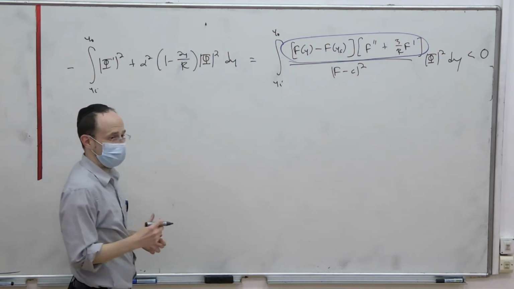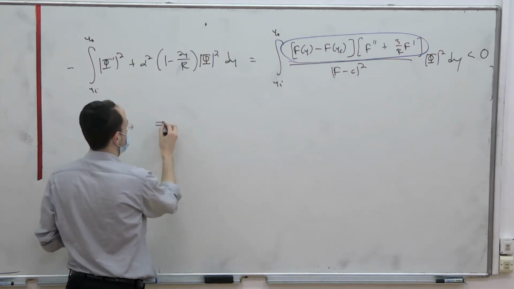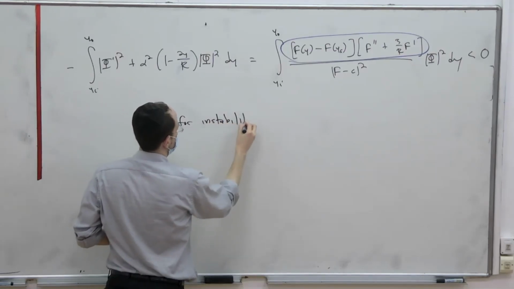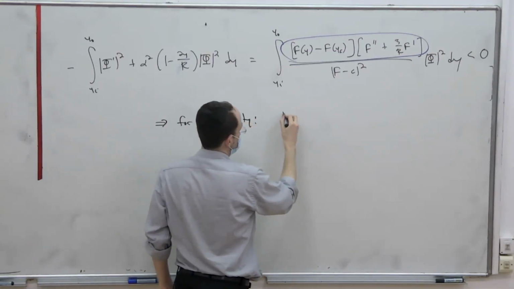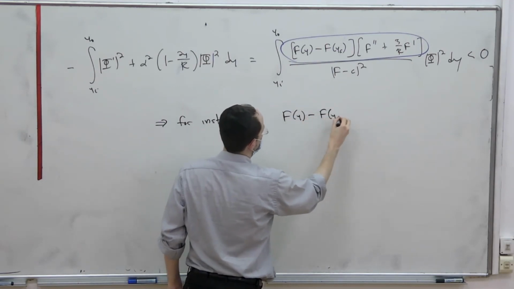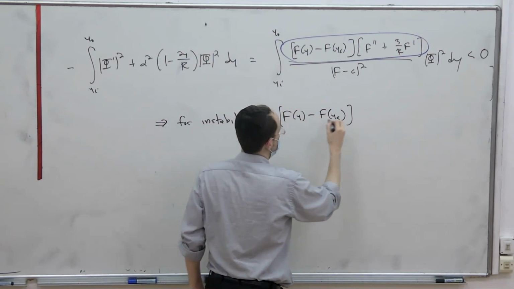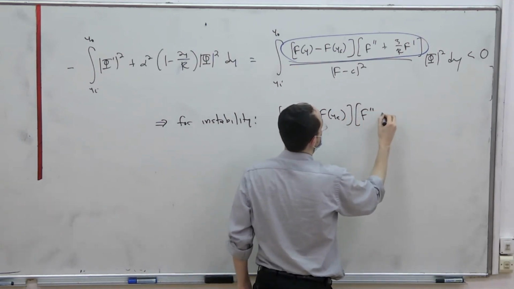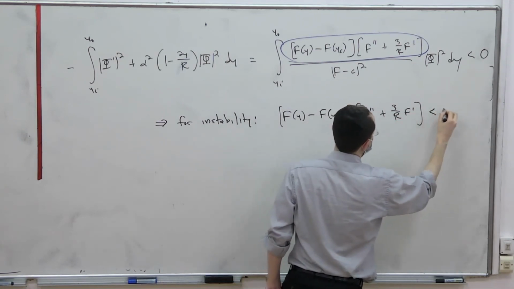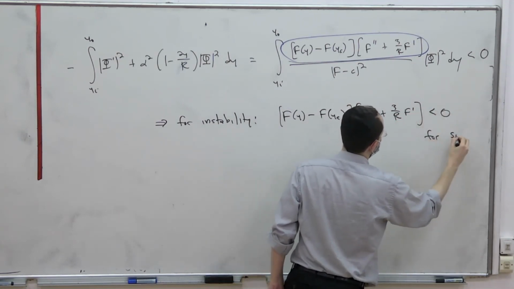So now we have a new criterion. For instability, we have a criterion that (f of y minus f of ys) times (f double prime plus 3 over r f prime) has to be negative for some y.